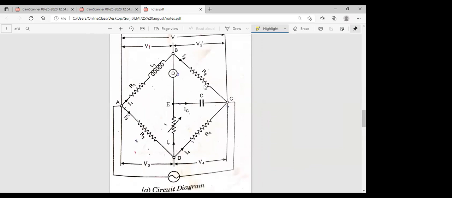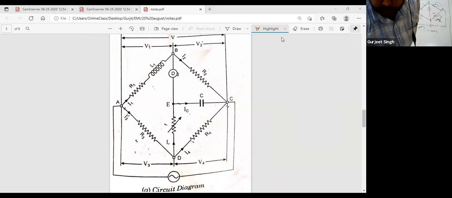Students, in the last lecture, we have done the Maxwell inductance capacitance bridge. So we are converting this complex diagram into the simplified diagram by using the star delta connection. So how to convert this star delta connection? Again, I will explain you.